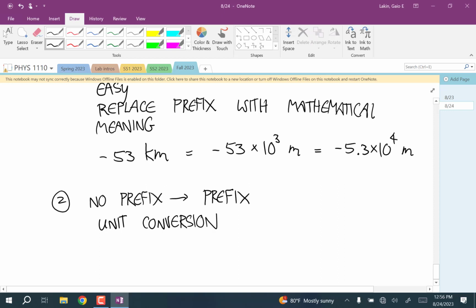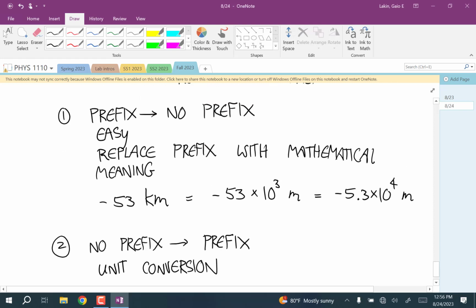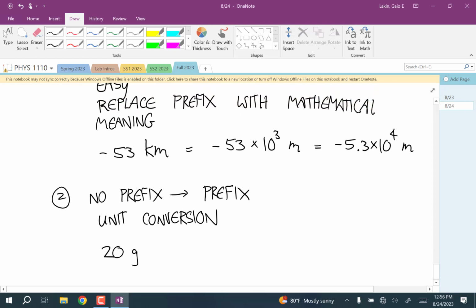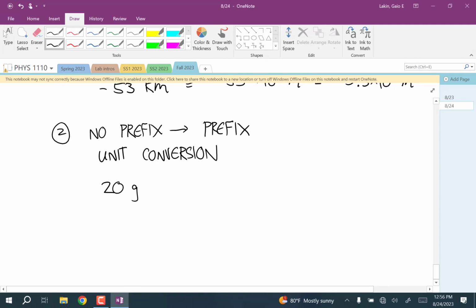So for this one, let's say we want to go from 20 grams to milligrams.